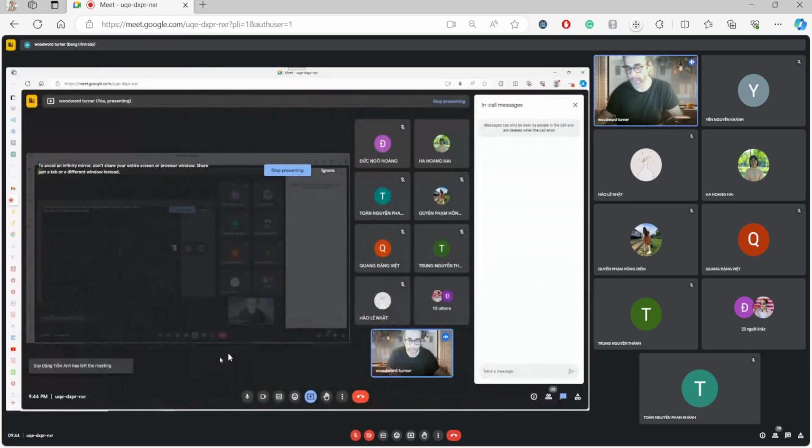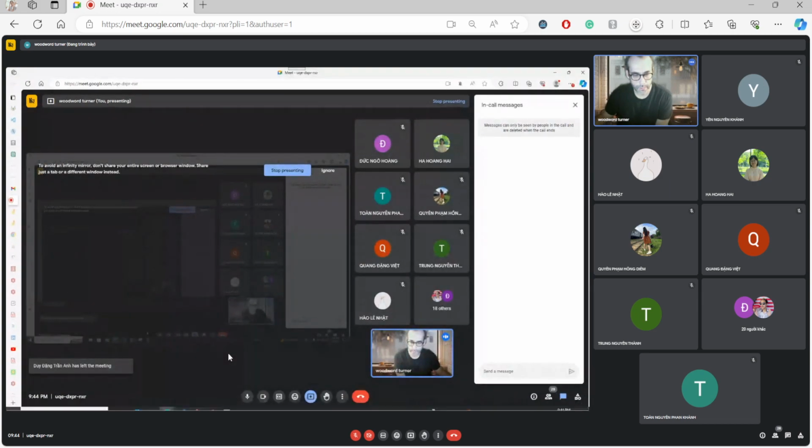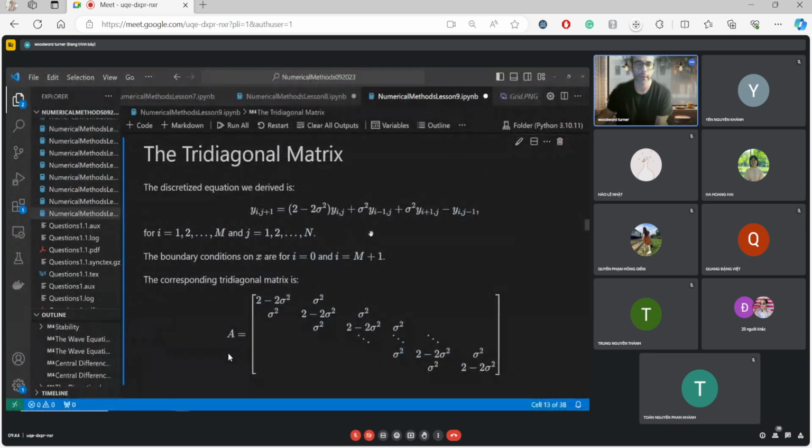All right, so we have the discretized equation that I showed you up here. This is the same equation that I have written here. And now I'm going to play around with this just a little bit. If I set sigma equal to ck over h, the point is I'm going to try to rewrite this in terms of the next time step.